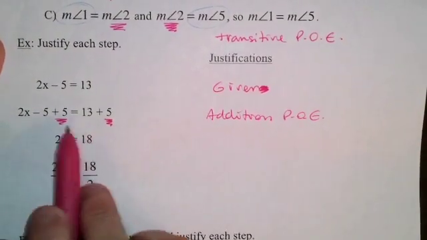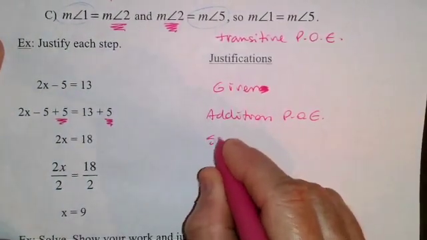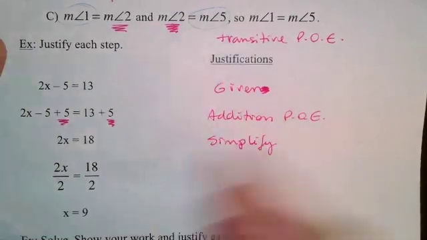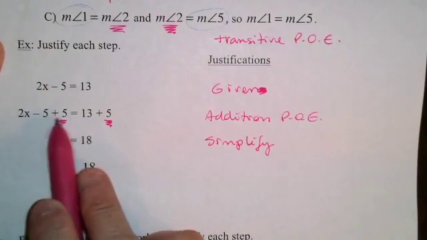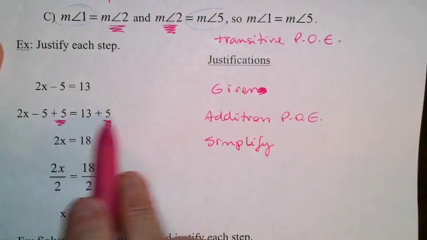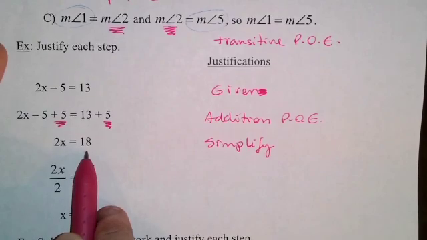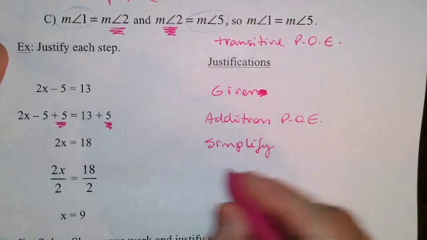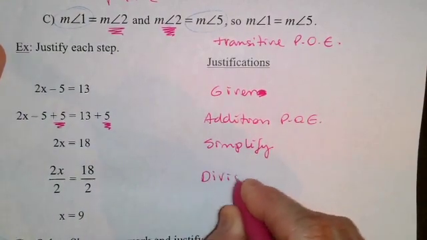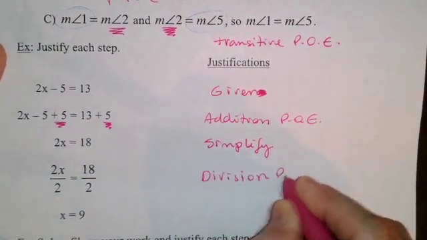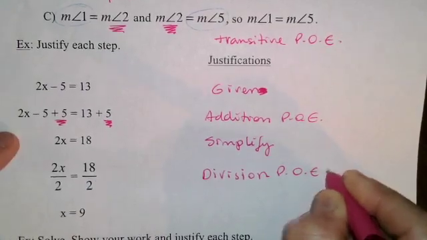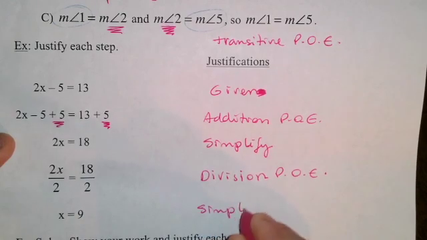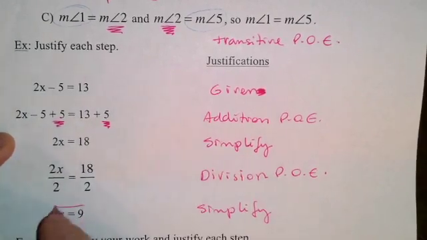Then we simplify that. We add the 5 here, which cancels out the 5, and over here we do 13 plus 5, that's 18. Then the next step is we're dividing both sides by 2, so that's the division property of equality. Then to finish off, we simplify and we get x equals 9.